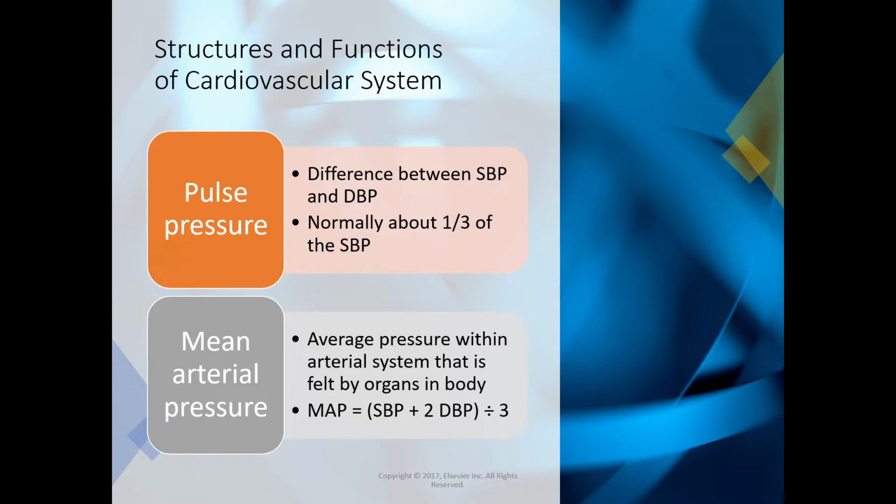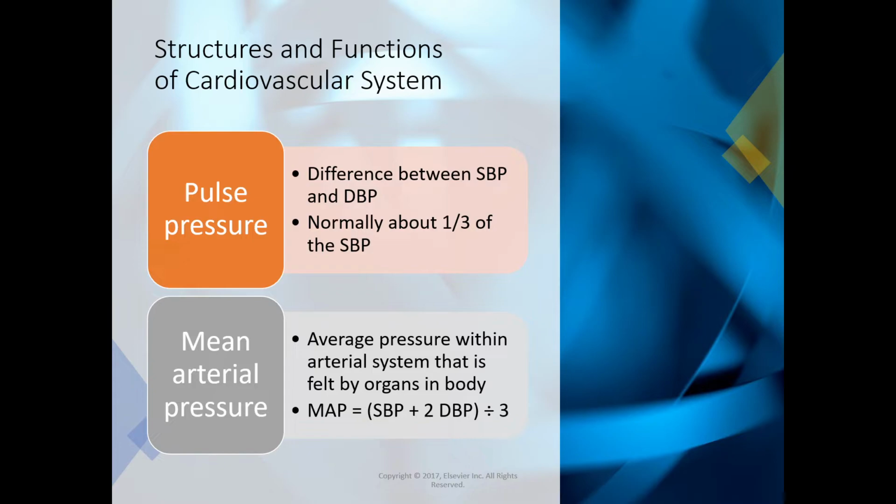And therefore perfusion would be a little bit more at risk with a low pulse pressure, whereas the opposite, if it's an increased pulse pressure, that might be because you just exercised, or it could be because you have more atherosclerosis, right, in the large arteries.